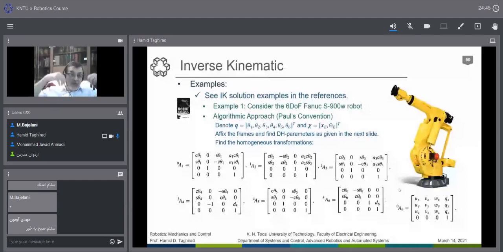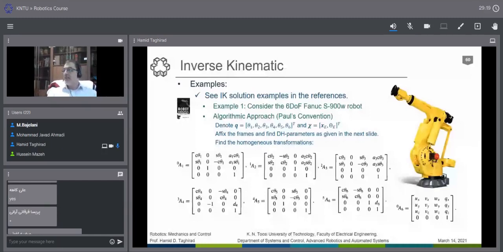And the whole design is such that we have less moving weight in the manipulator. And this parallelogram structure is given in your first assignment.